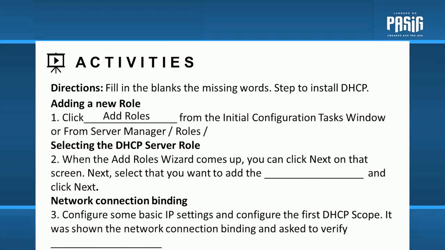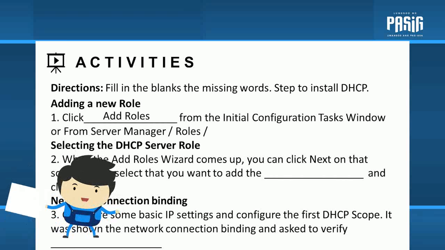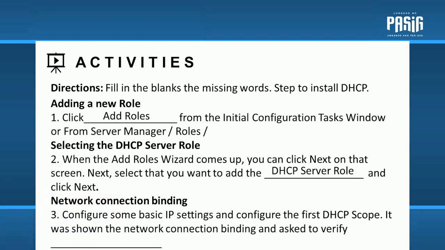Number 2. Selecting the DHCP server role. When the Add Roles wizard comes up, you can click Next on that screen. Next, select that you want to add the blank and click Next. The answer is DHCP server role.